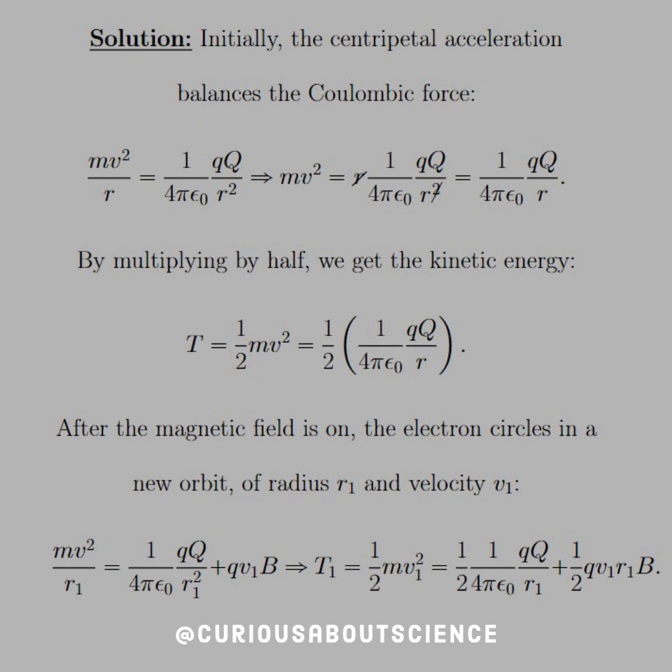But now, the magnetic field is on, and the electron circles in a new orbit of radius r1 with velocity v1. So let's do this again.